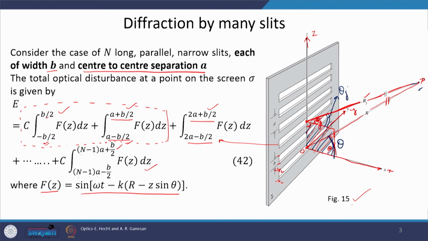I repeat, since the point of observation is very far and slits are very thin, the width is very small, even the center to center separation is also very small.